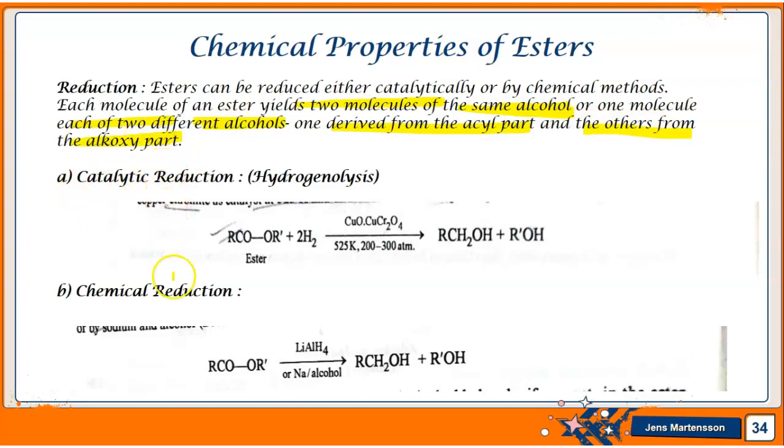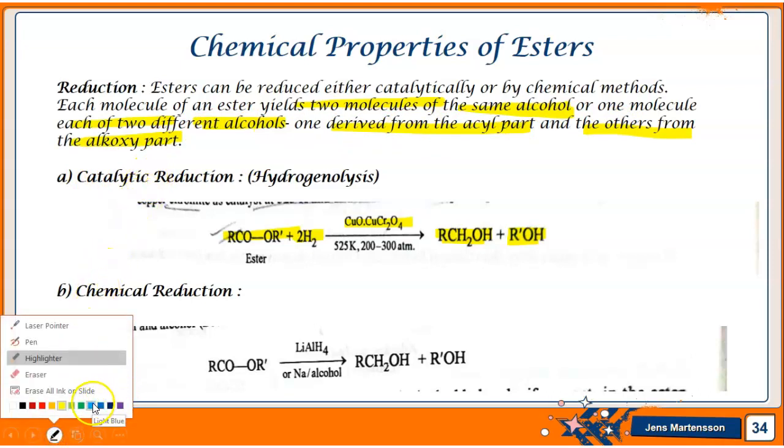So the first one is hydrogenolysis, that is, catalytic reduction, where our ester reacts with H2 in the presence of copper oxide and CuCr2O4, and it will give you the alcohol RCH2OH or this other alcohol. Okay, so either two molecules of the same alcohol or one molecule of two different alcohols, one derived from the acyl part, one from the alkoxy part. That is the product that you are going to get in this particular case.